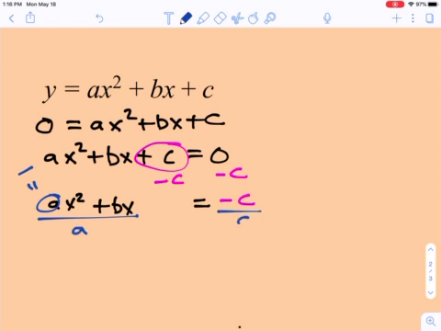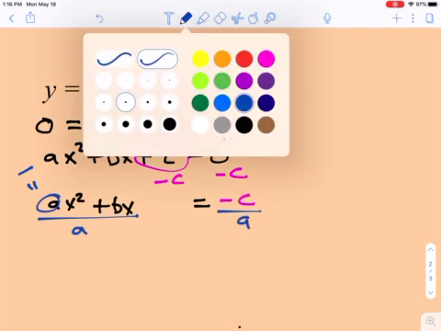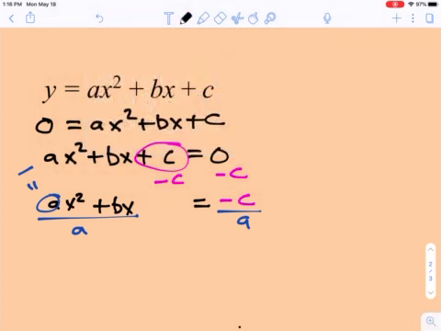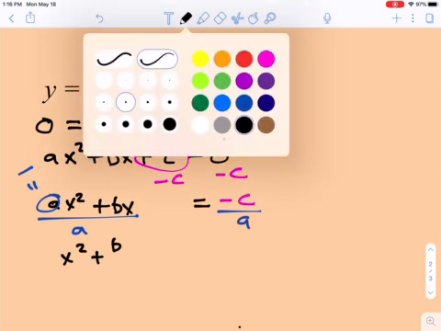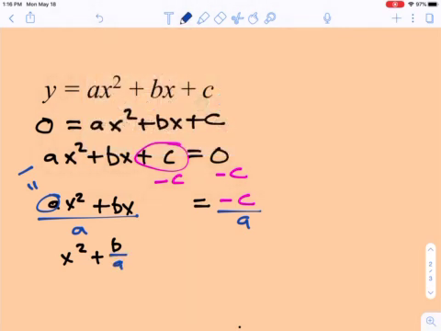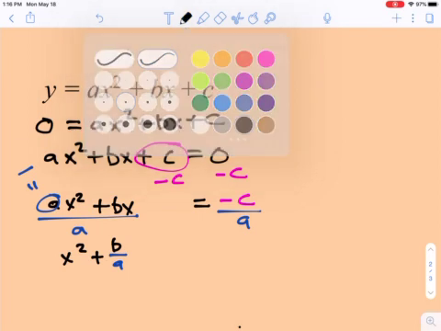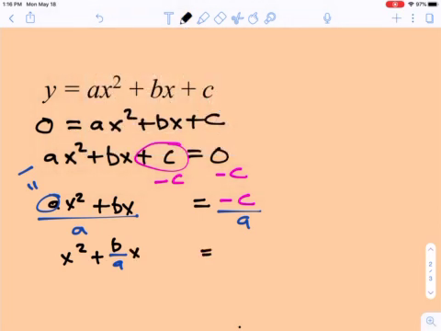What that gives me is ax squared divided by a, which just gives me x squared, and then plus b over a x, equals, and I'm going to leave this in black now, negative c over a. All right? So we're on our way.